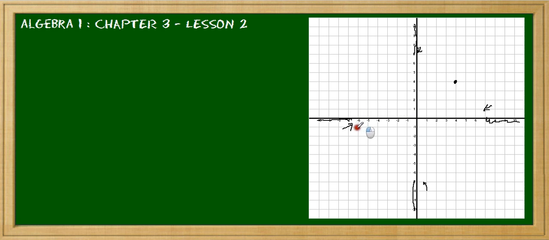Now we're supposed to connect those. We're going to just plot our points first and then we'll connect them. Our next point would be positive 5, -3. So I go positive 5, then -3. That would be here. Then our next one is -3, positive 5.